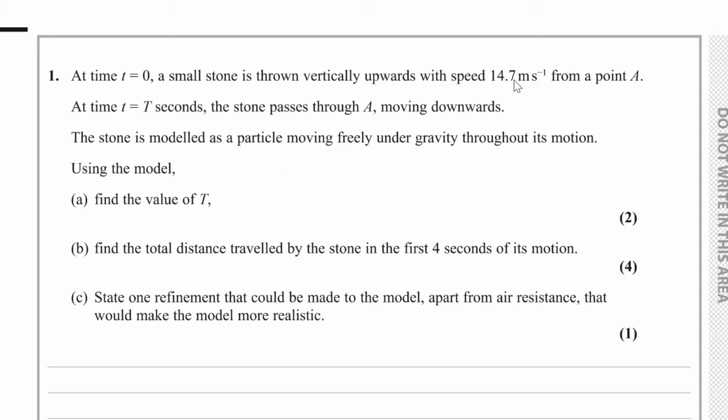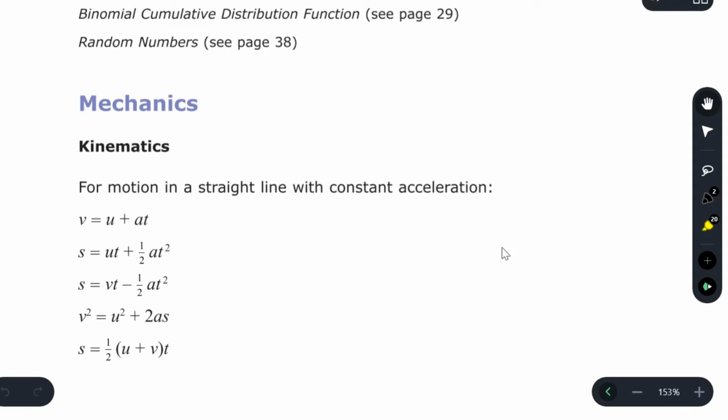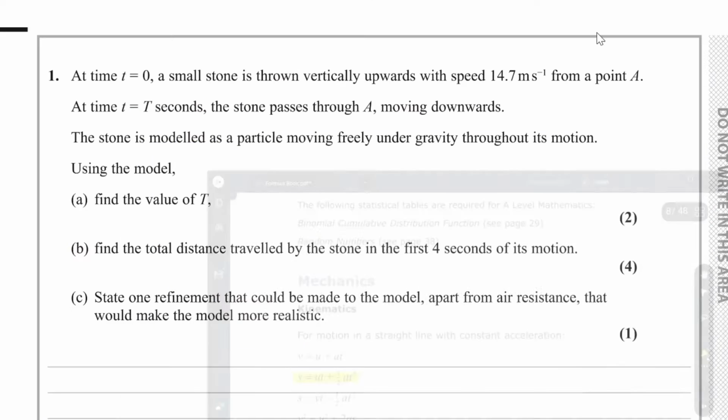What we also have been given is an initial velocity, 14.7 meters per second. It falls freely under gravity. We are finding the time, and if we go to the formula book, the formula we need to use is S equals ut plus a half at squared.